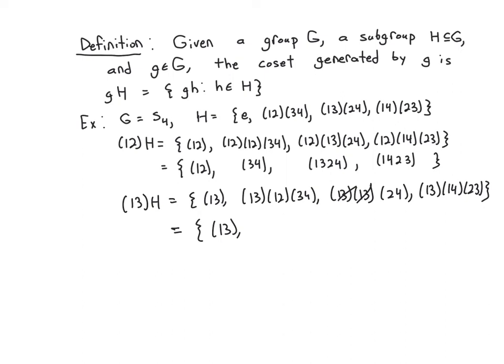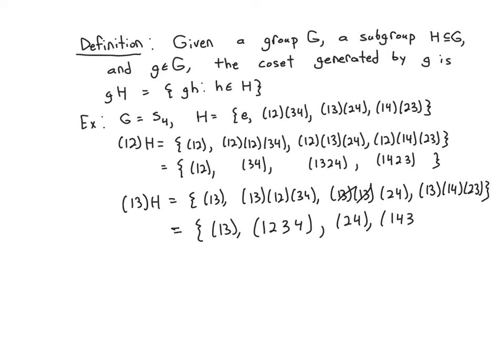The first and third elements are going to be easy to calculate. What's this middle element going to be? It looks like 1 goes to 2, 2 goes to 3, and 3 goes to 4. The third element's the cycle (2 4), and the fourth element, it looks like 1 goes to 4, 4 goes to 3, and 3 goes to 2.